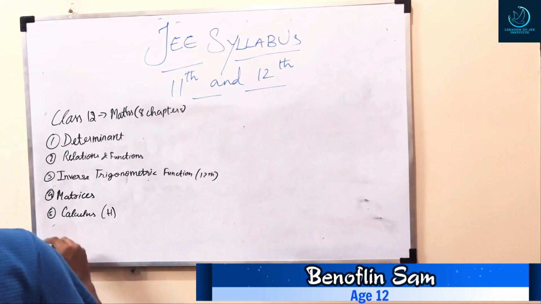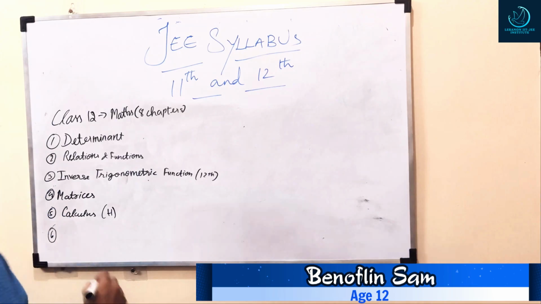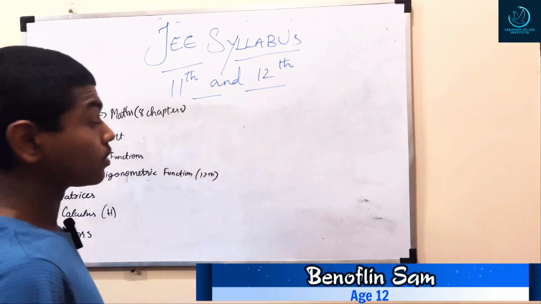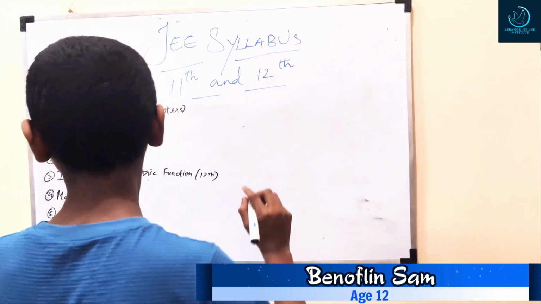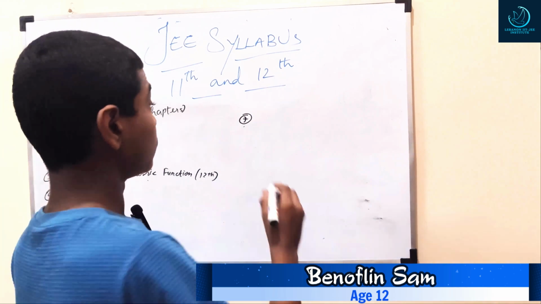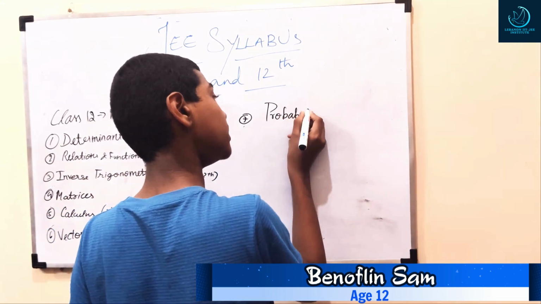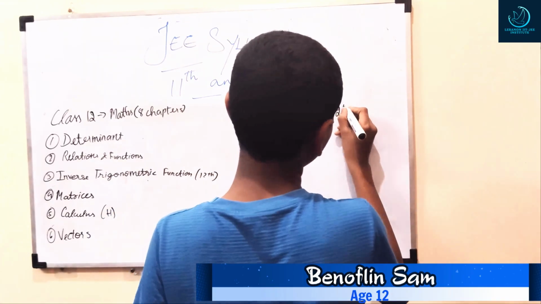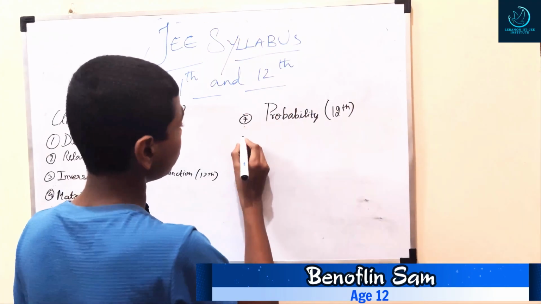The sixth one is vectors. You're going to see vectors. You're going to study physics, but you'll study 12th only. Seventh, probability. That was for 12th. You're going to study 12th part 2.